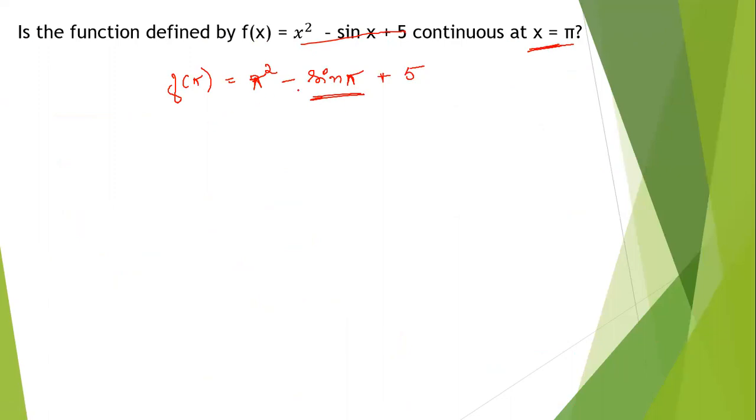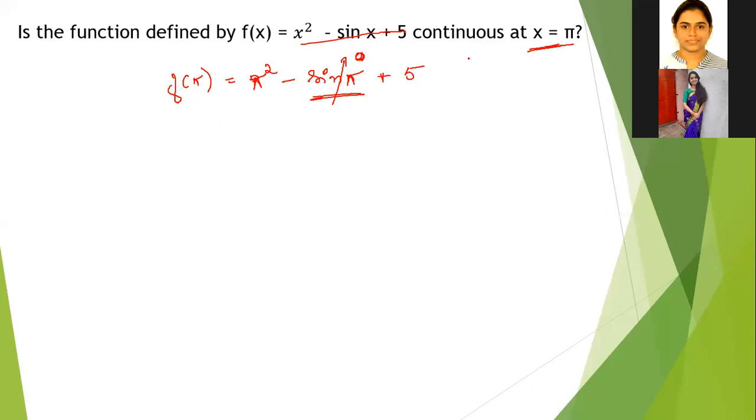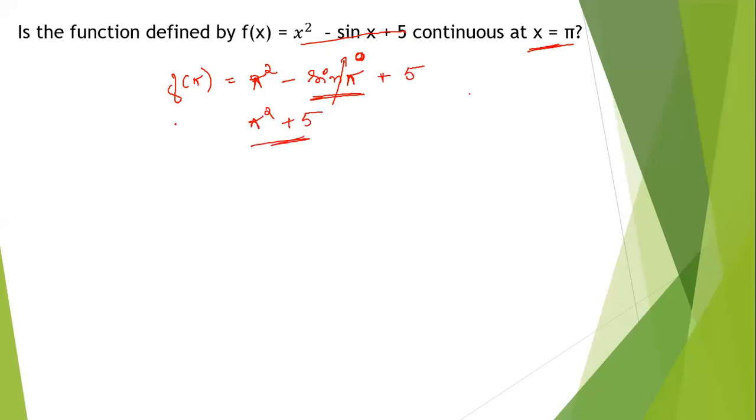What is the value of sine 180? 0, right? Yes, good. So it is pi square plus 5. You get the value of the function at x is equal to pi.